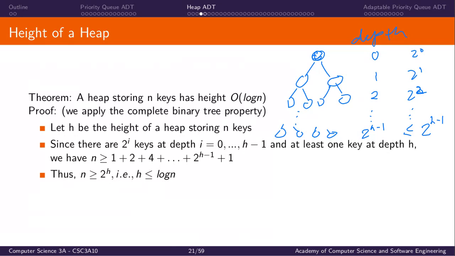But what we'll note is that it actually has to have at least one, right? Or else it isn't the next level. So what we end up with here is that since there are 2 to the power i keys at each depth, and at least one, the number at this depth, maybe n_d, is greater than or equal to 1, but less than or equal to h minus 1.